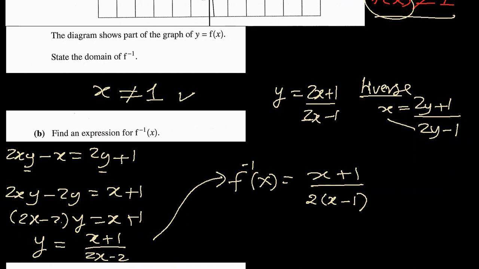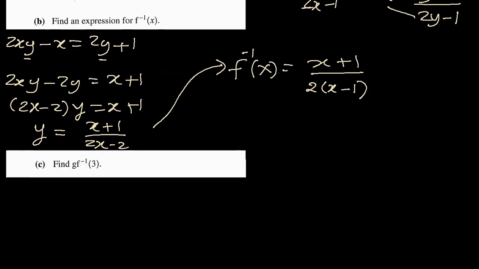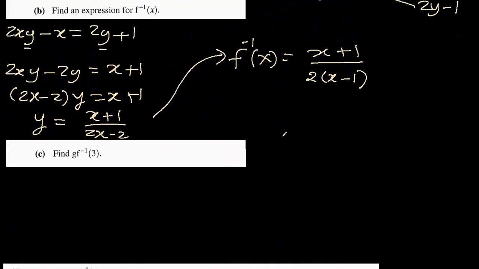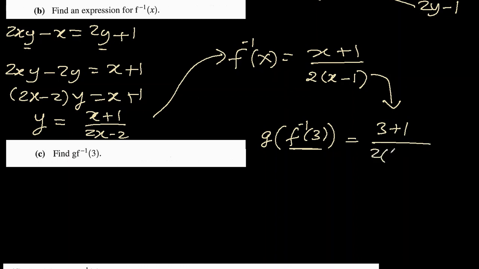Okay, next, find g f inverse 3. This is how we can write this. So let's find f inverse 3, what is inside the bracket. Here we will put 3 in place of x because we have f inverse x here. So 3 plus 1 over 2 times 3 minus 1. 3 plus 1 is 4, 3 minus 1 is 2, times 2 is 4.